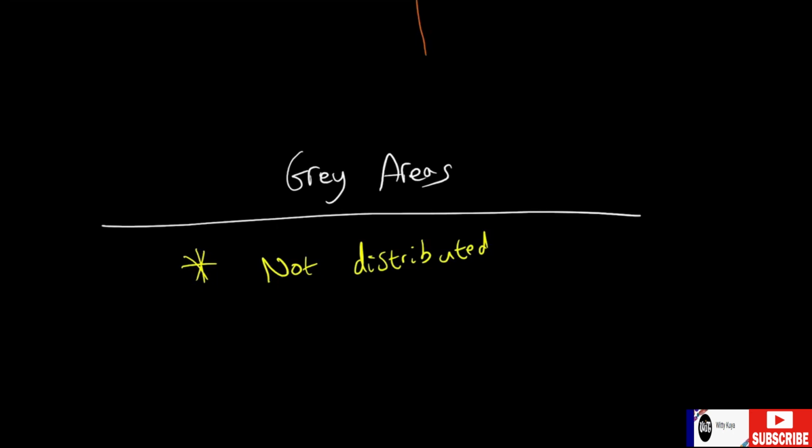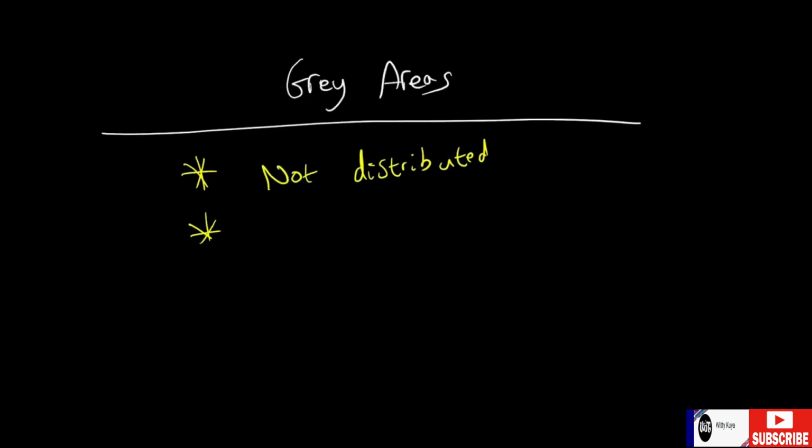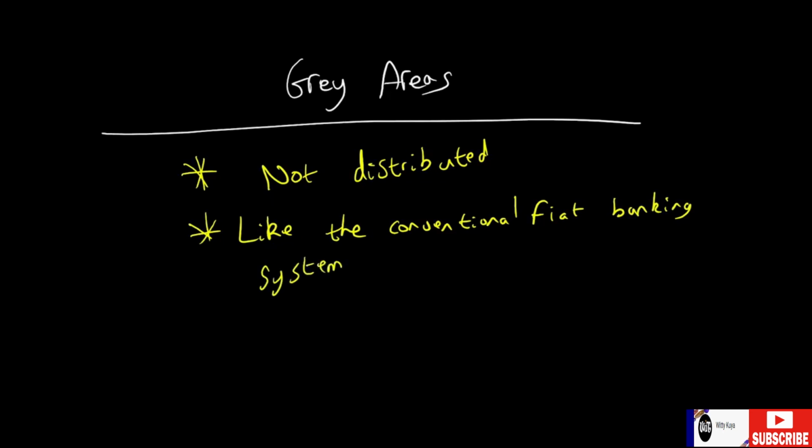Yes, it's a disadvantage from the conventional sort of philosophy of cryptocurrencies, but because it isn't fully distributed, it has a lot of similarities to the conventional fiat banking system.